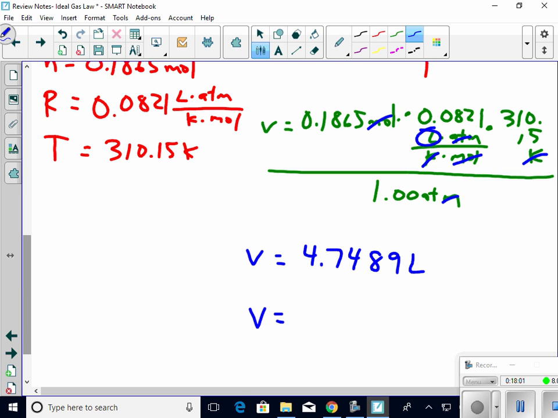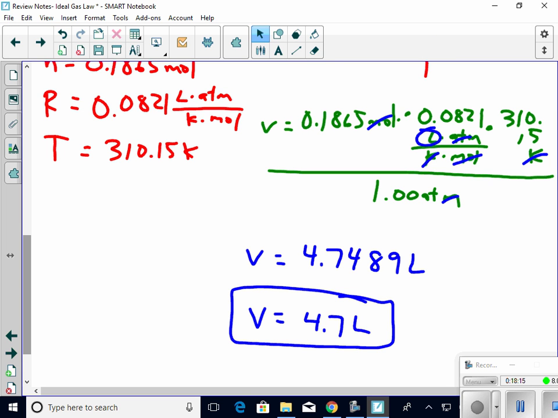My lowest number of sig figs is 2, so it's going to give me 4.7 liters. So in this particular problem, I needed to run some stoichiometry in order to get the number of moles so that I could plug that into this particular equation.